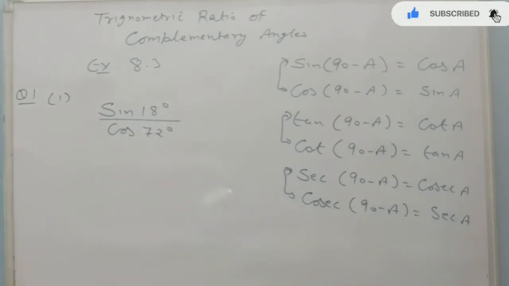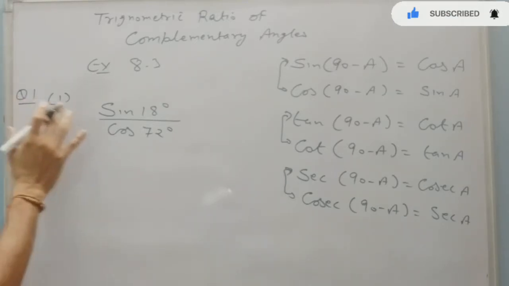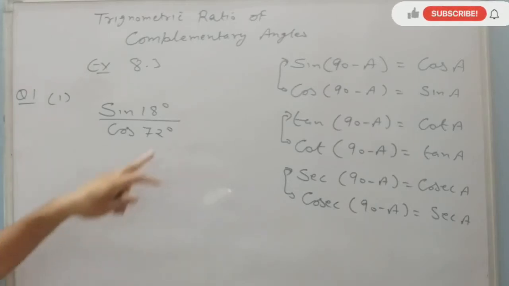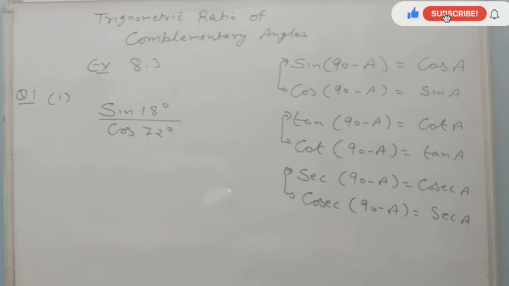In this type of question, if we have a numerator and denominator, and the angles are not present in our trigonometric table, then we apply these formulas.